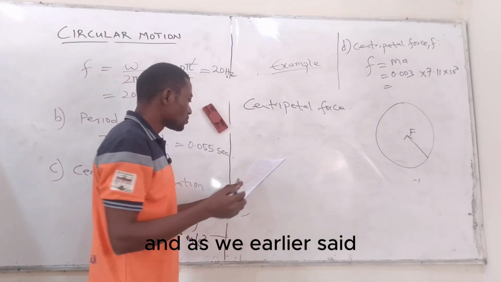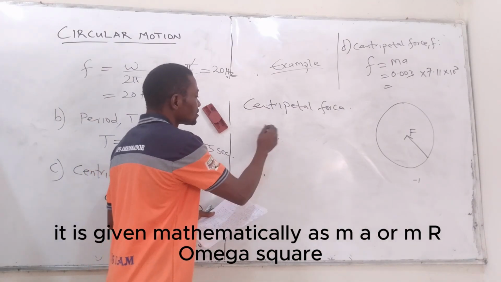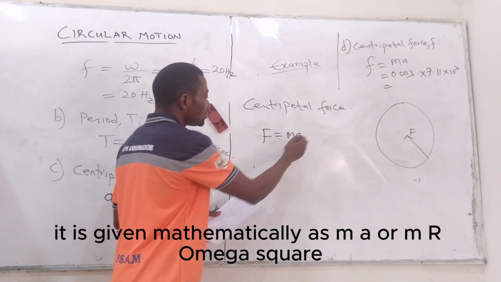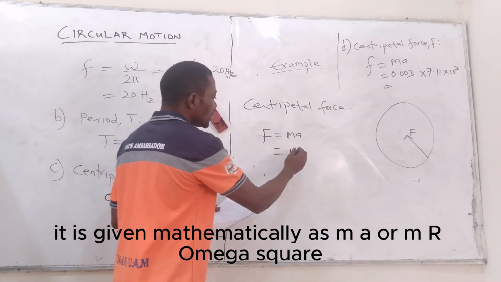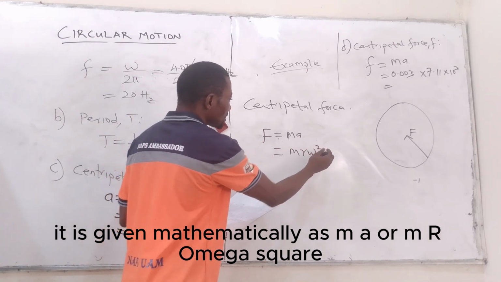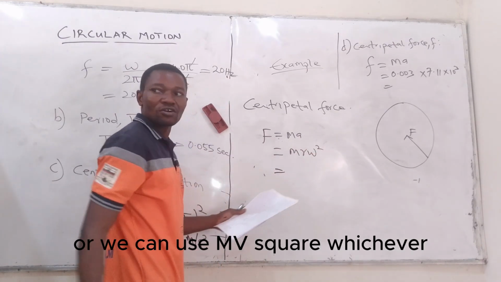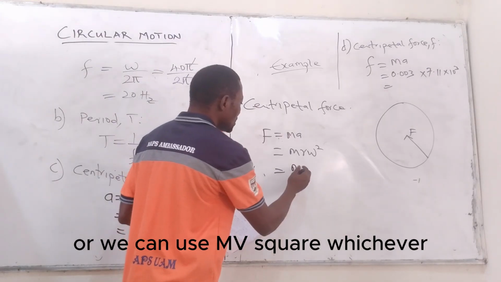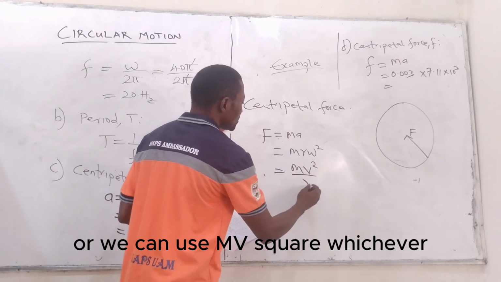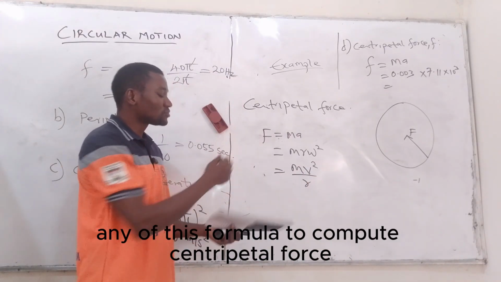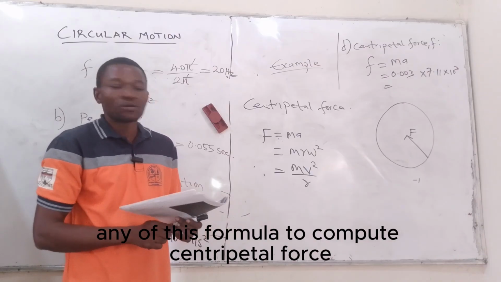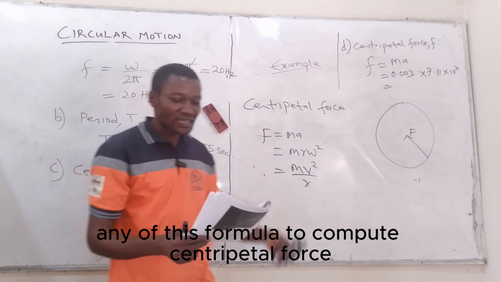And as we earlier said, it is given mathematically as ma, or m r omega squared, or we can use m v squared over r. We can use any of these formulas to compute centripetal force.